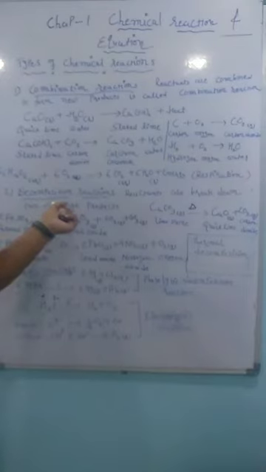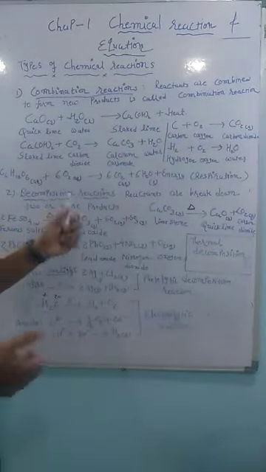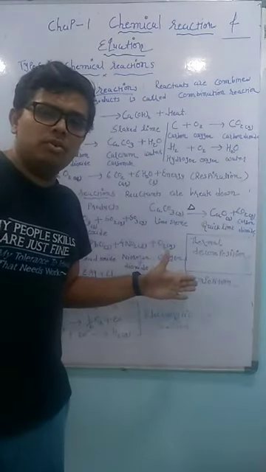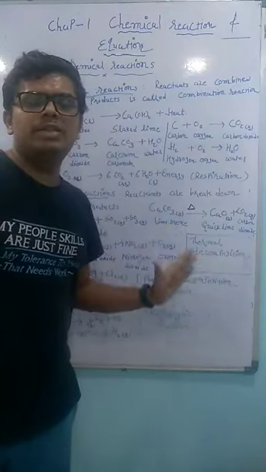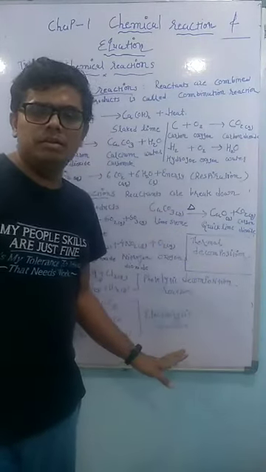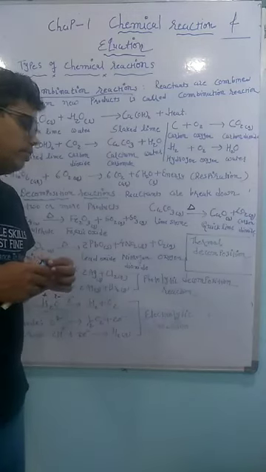Thermal decomposition, because of heat. Because of light, photons, the reaction is called the photolytic decomposition reaction. And third, the electrolytic decomposition reaction, where the reaction occurs by passing electric current.